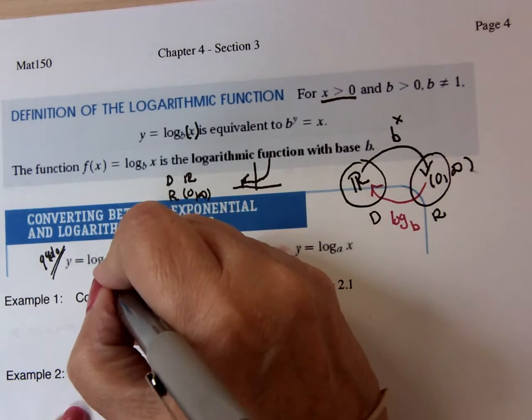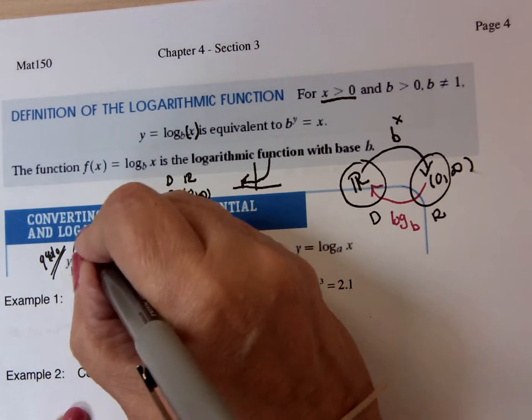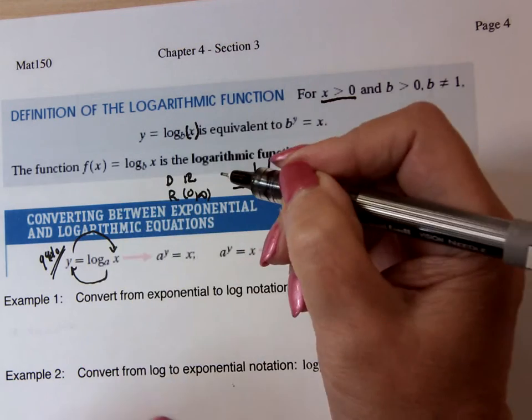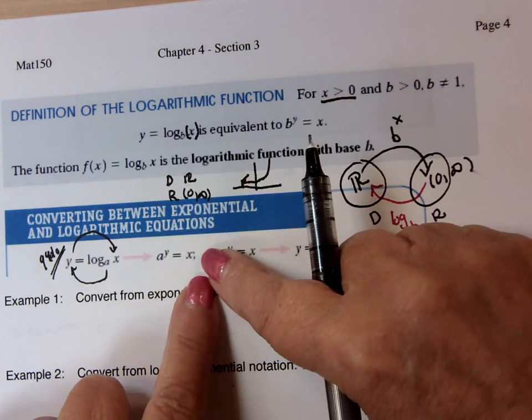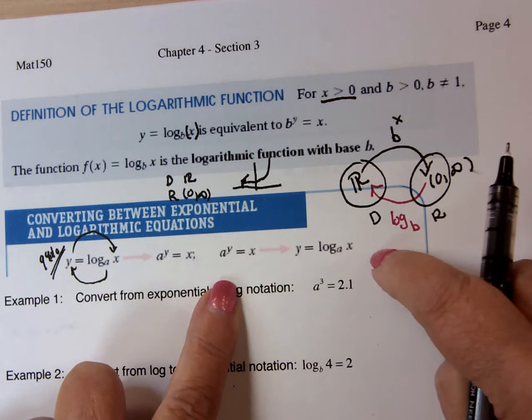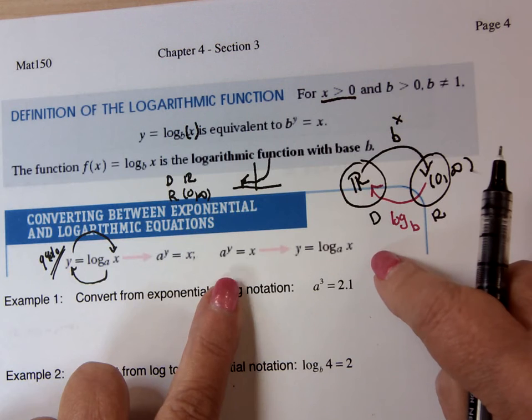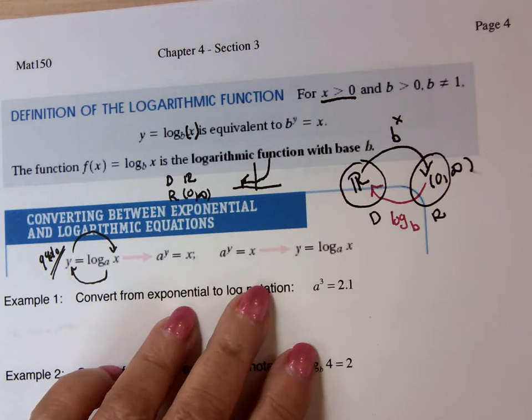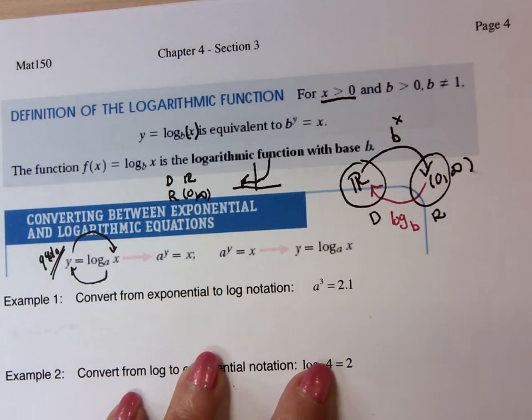And if you remember, that's where you say a to the y is equal to x. Going to log notation is always trickier for me, and this is the reason why.